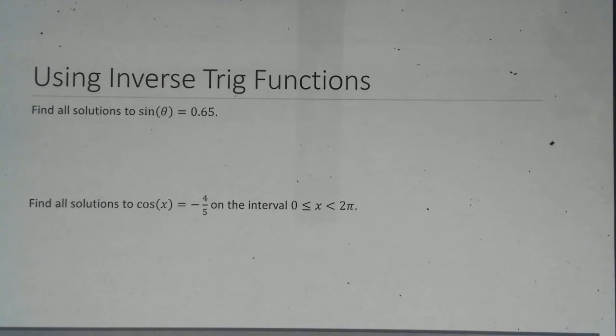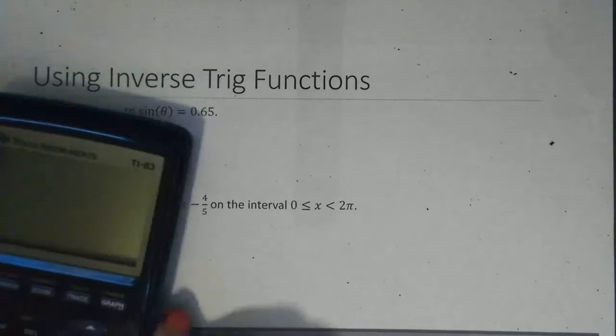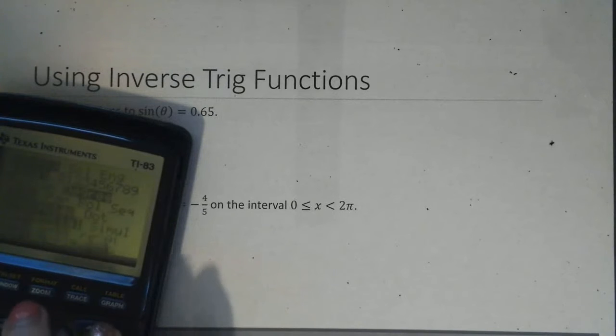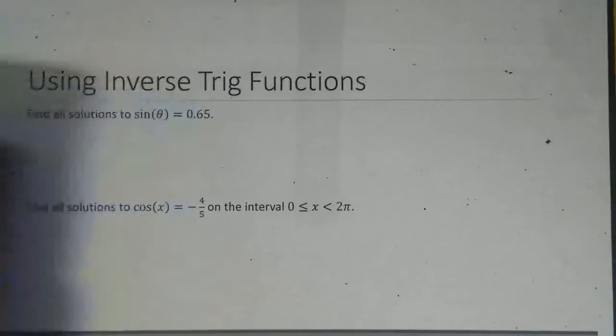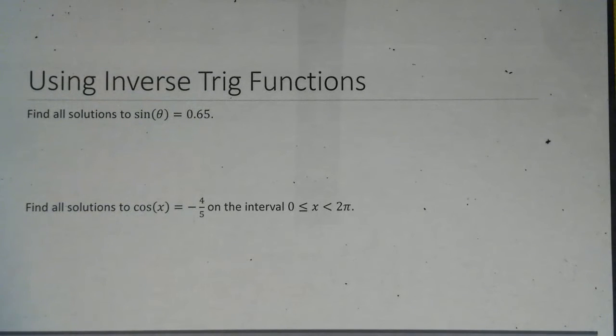It's not telling us whether to use degrees or radians. In the homework, it'll actually tell you. Let's do this one in whatever mode my calculator's in. Right now, my calculator is in degrees, so let's do this in degrees. So I need to figure out what angles have a sine of 0.65.